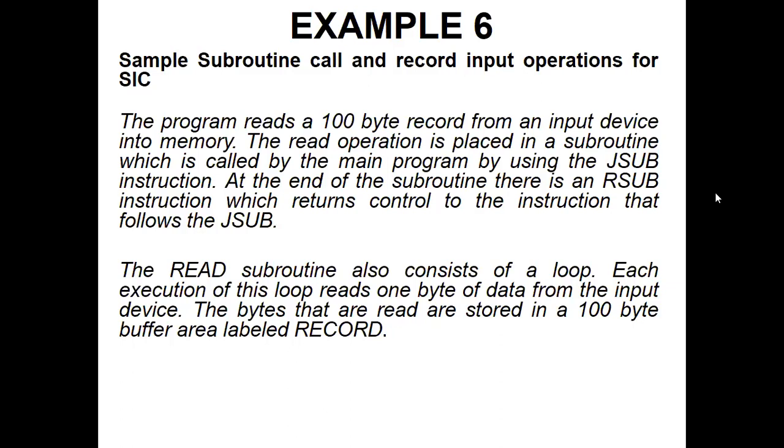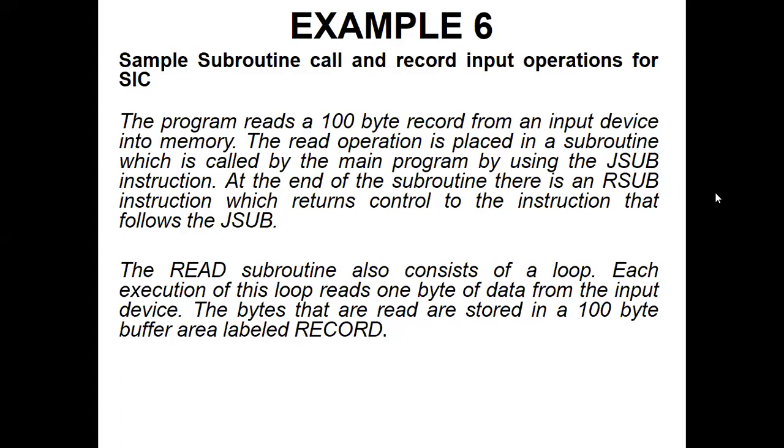And then when you call a subroutine, it is going to show us how we input. And whatever we input, we are recording. So we are going to be inputting one character at a time and recording the character which we have input. So the explanation is that the program reads a record which is 100 bytes from an input device into memory.